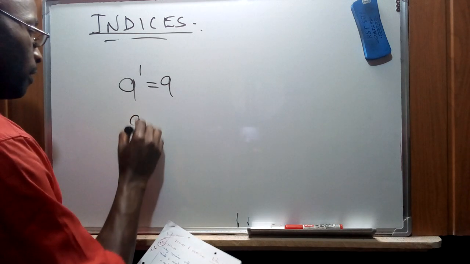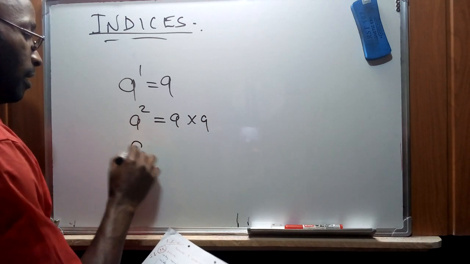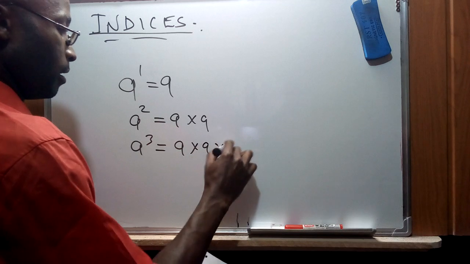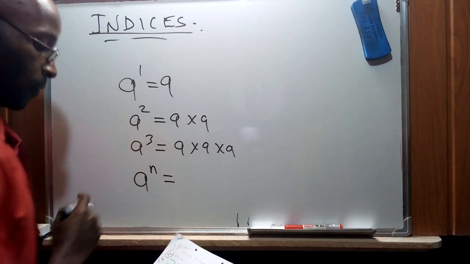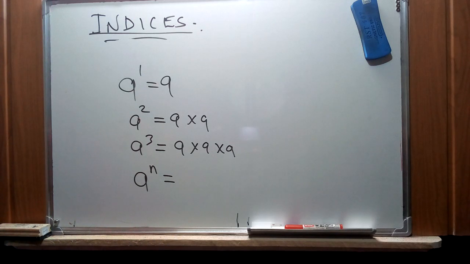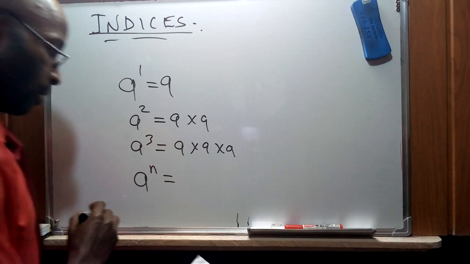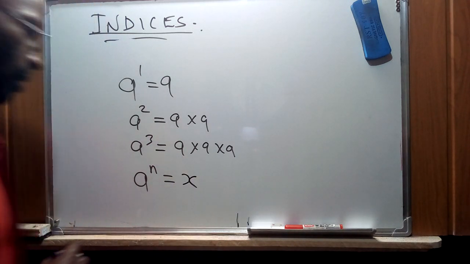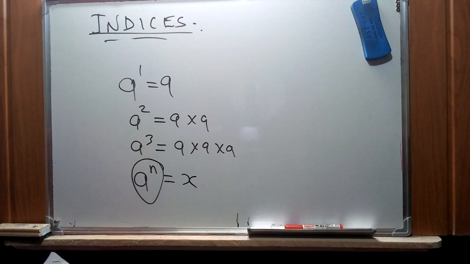If we have a raised to power 2, this implies a times a, and then a to power 3 is a times a times a. This leads us to the general expression of a variable a raised to a power of n, which is going to give us a particular value, let's say x. This kind of expression is what we call an index.